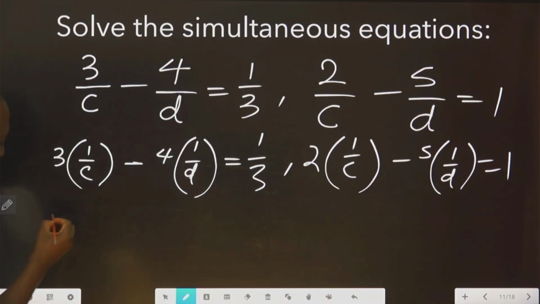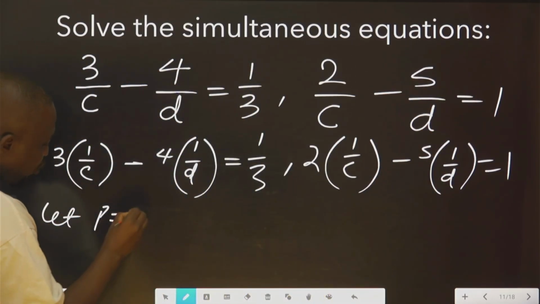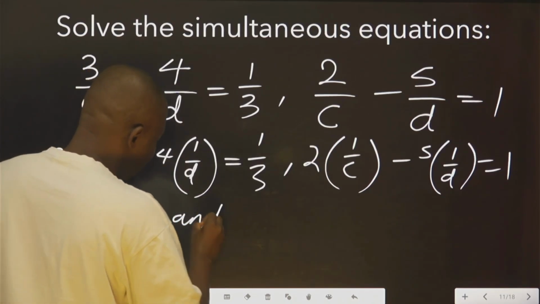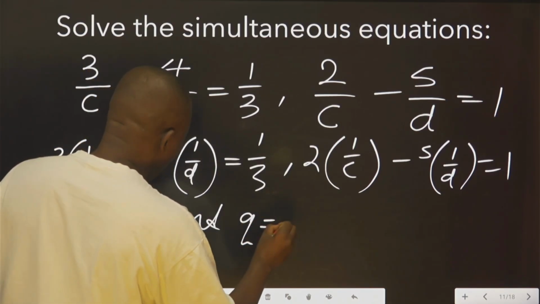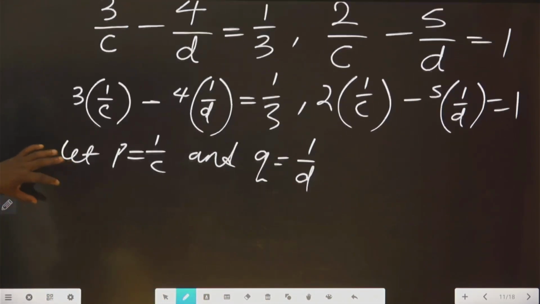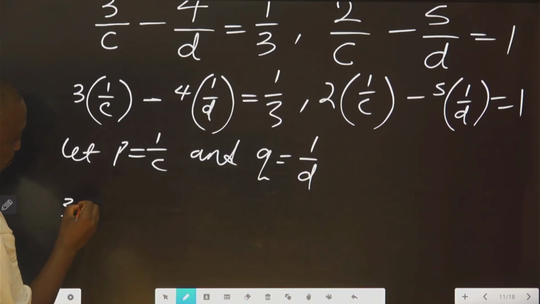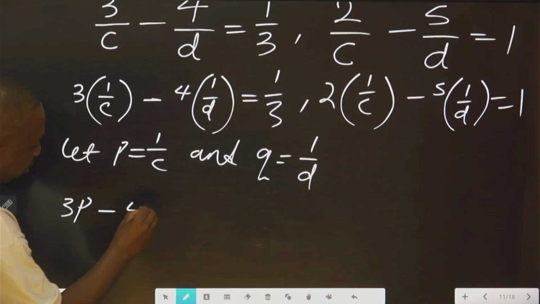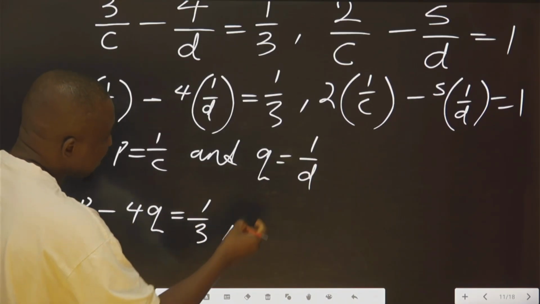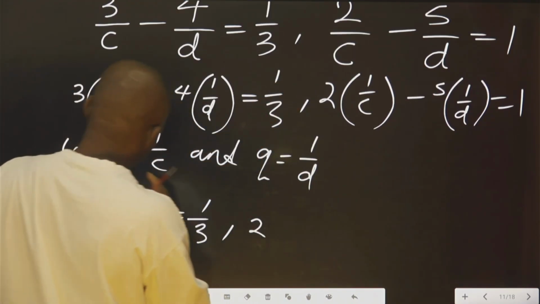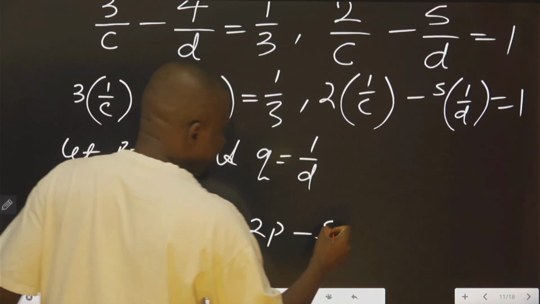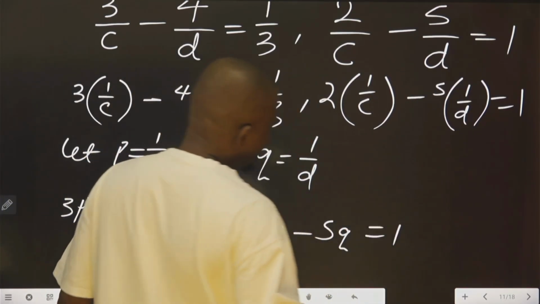So now we say let P be equal to 1 over C and let Q be equal to 1 over D. Therefore, I can replace this now with P minus 4 Q equals 1 over 3. Then this one, 2 over C, that is P, minus 5 over D, that is Q, equals 1.